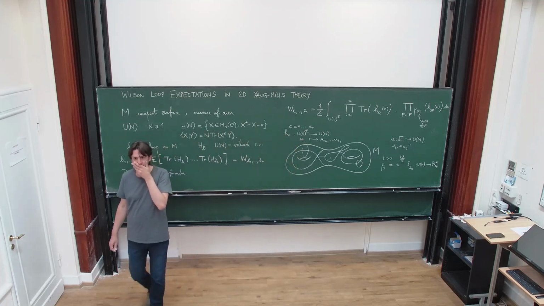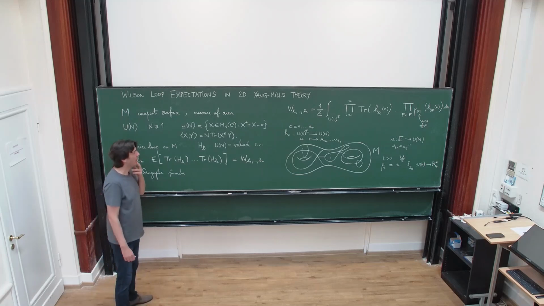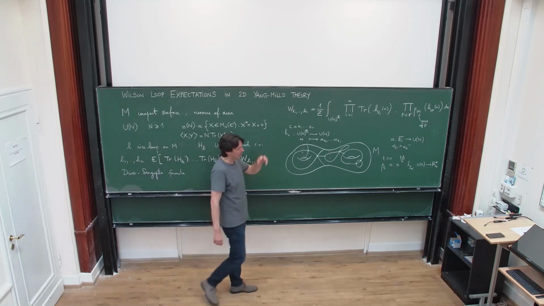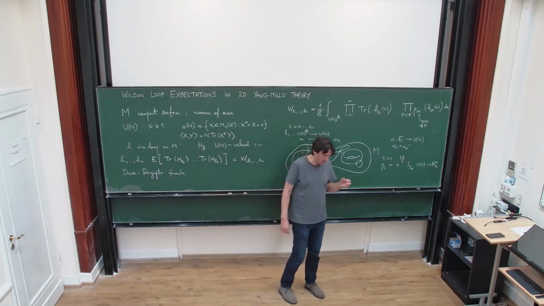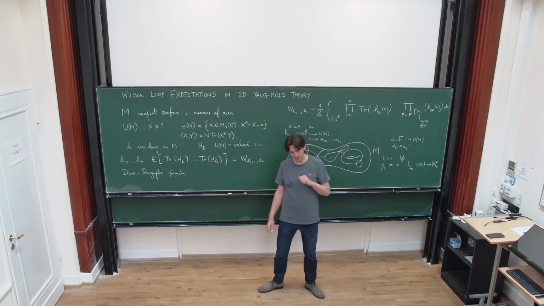So you call this two-dimensional Yang-Mills because the measure is coming from the Yang-Mills. Yes. You can tell a story that relates this to the Yang-Mills functional.